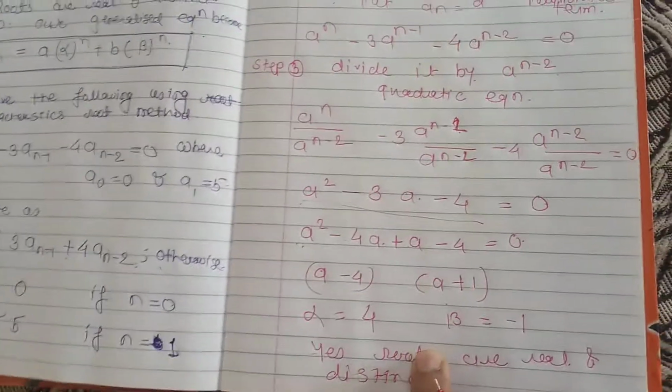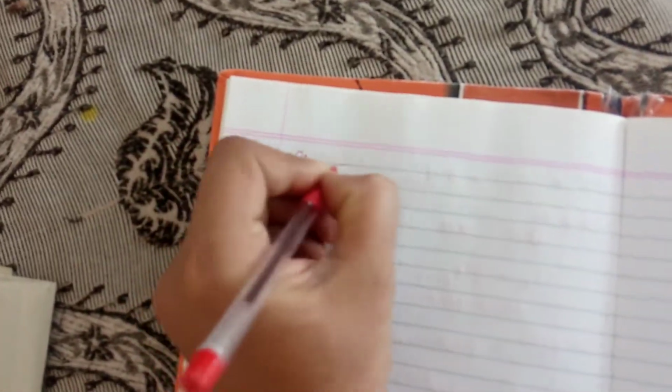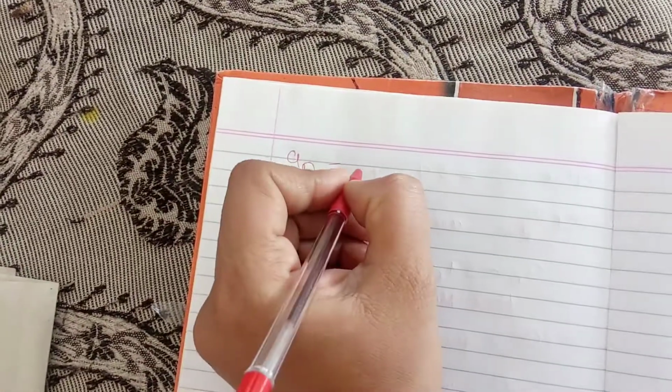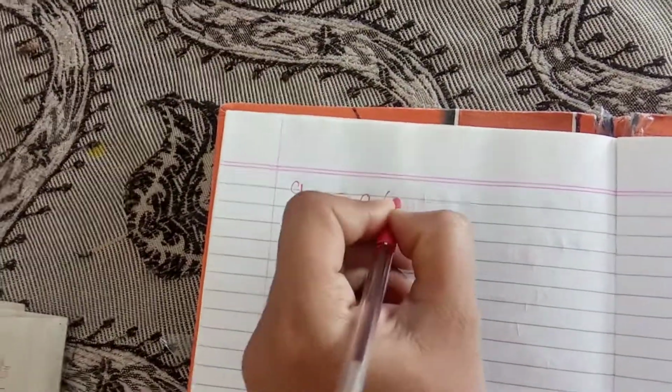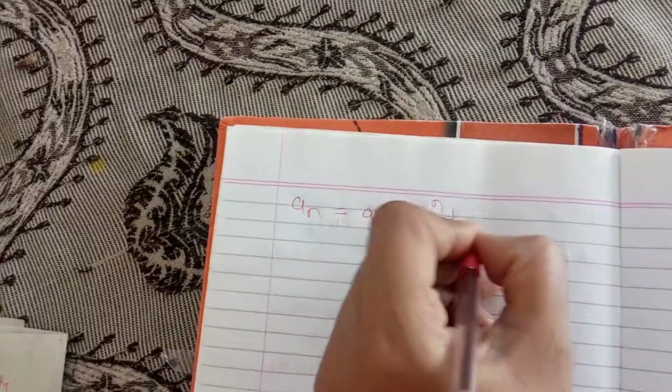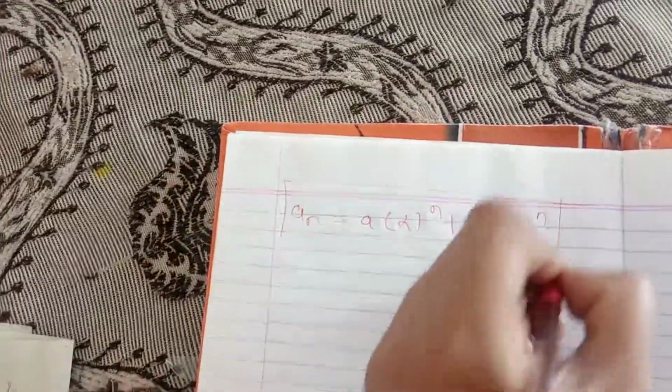Fine. So we can use the generalized formula for this equation as our first part. If the roots are real and distinct, then we can use the generalized equation like this: a of n is equal to a of alpha to the power n plus b of beta to the power n. Fine.